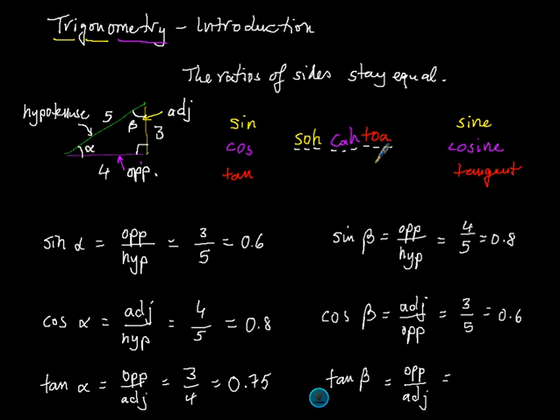And then finally, tangent beta, which is opposite over adjacent. Let's look for the opposite to beta, which is over here, 4. And the adjacent is 3, which gives 4 over 3, or 1 and 1/3.